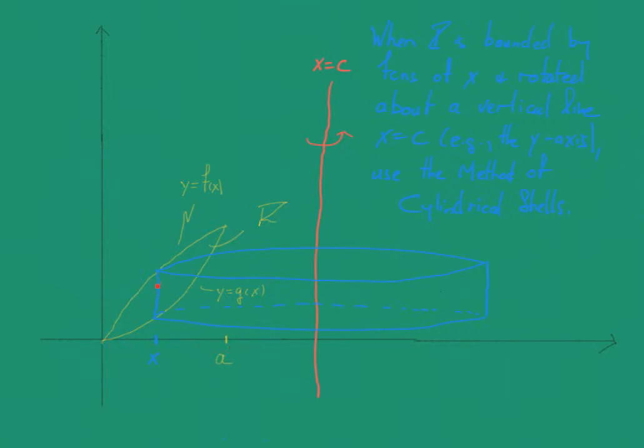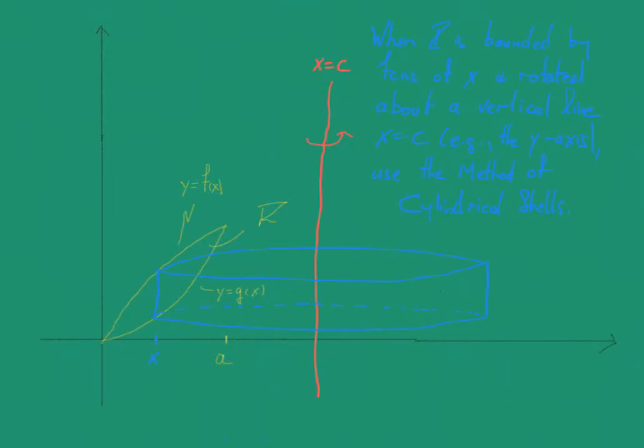I consider the vertical line segment, and because we're rotating about a vertical line x equal to c, I'll just rotate this single line about x equals c, and we'll see what sort of shape we'll get. And what will we get? Well, we'll get this cylindrical shell shape. That's why we would use the method of cylindrical shells.